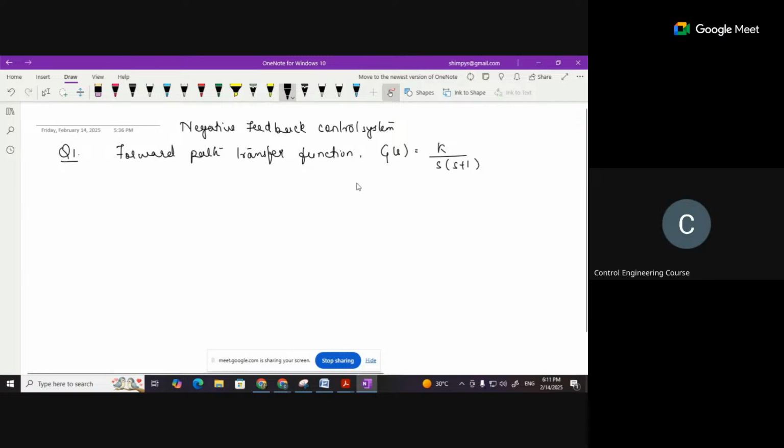And the feedback path transfer function is given as H of S, and it is equal to 5.